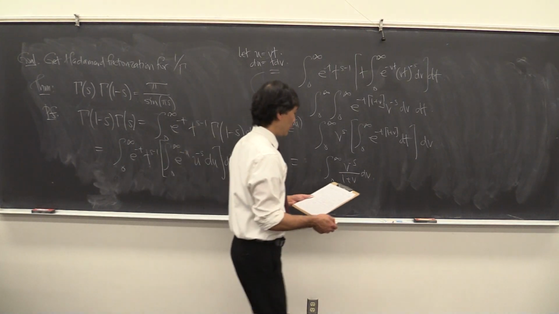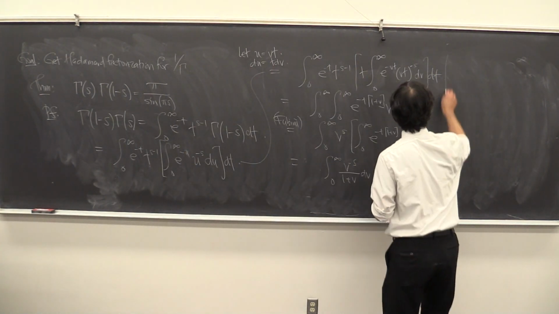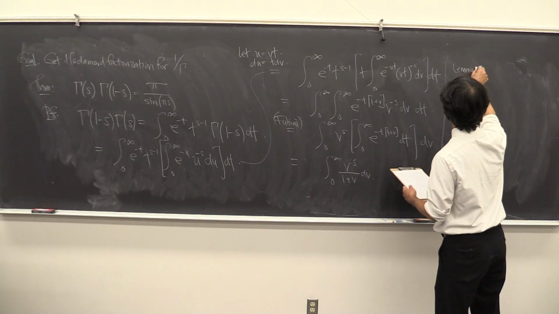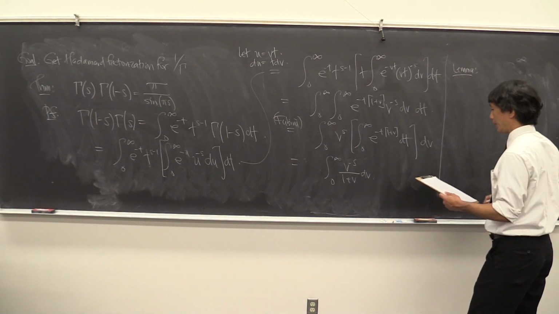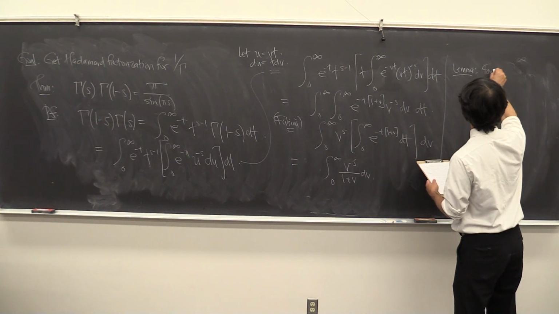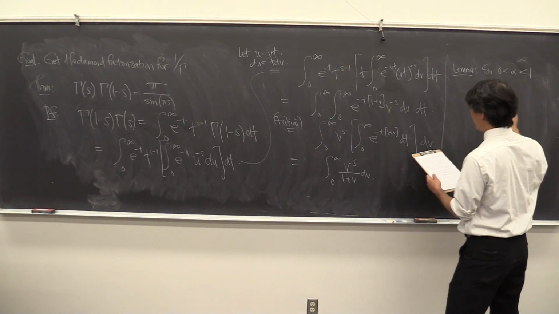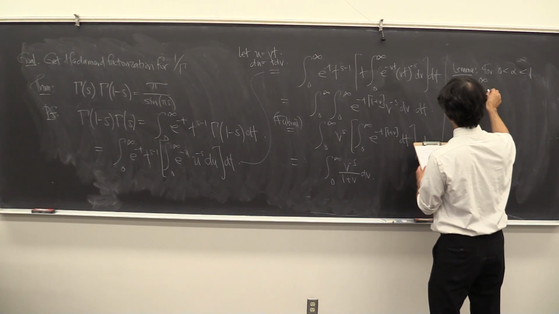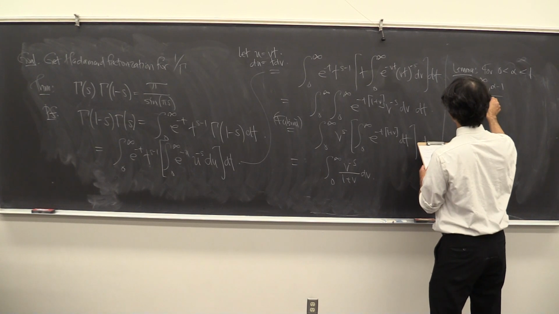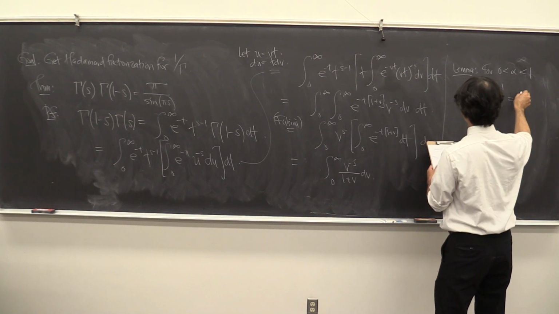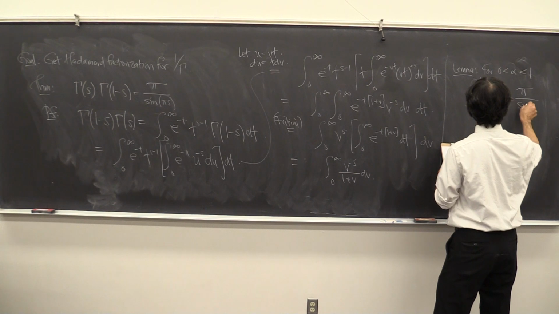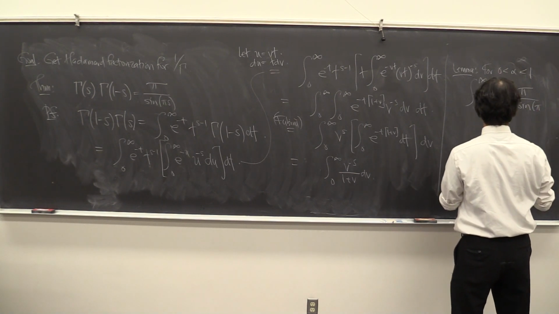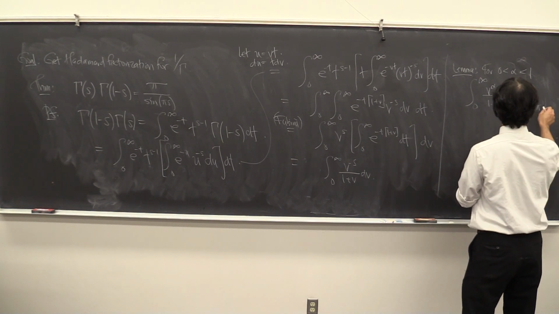Okay. So there's a lemma that for alpha between 0 and 1, the integral of v to the alpha minus 1 over 1 plus v equals pi over sine pi alpha.